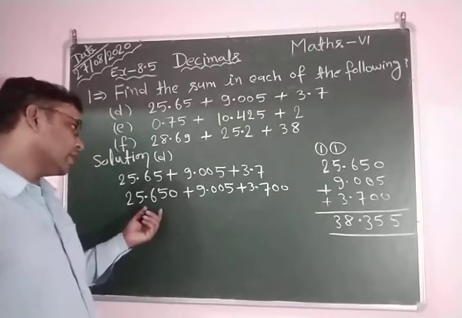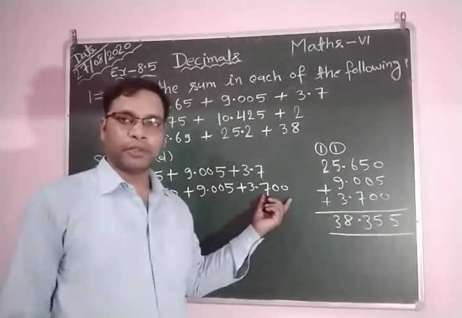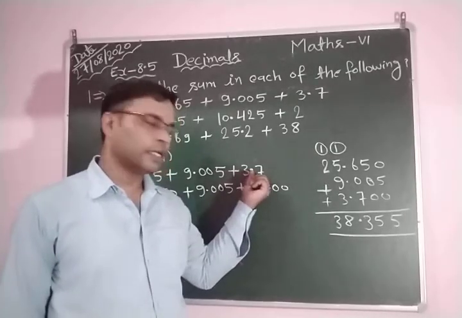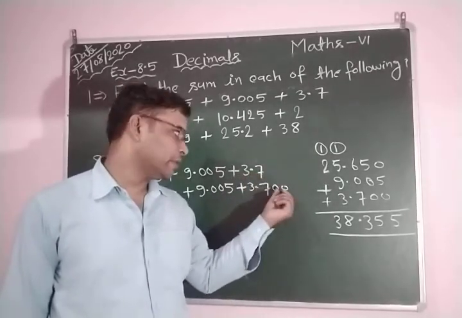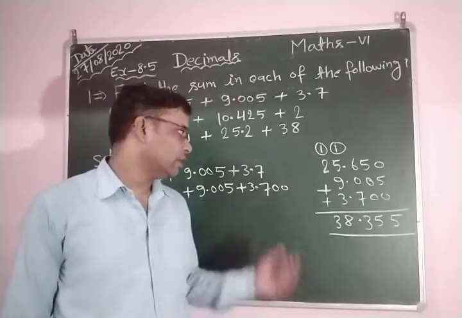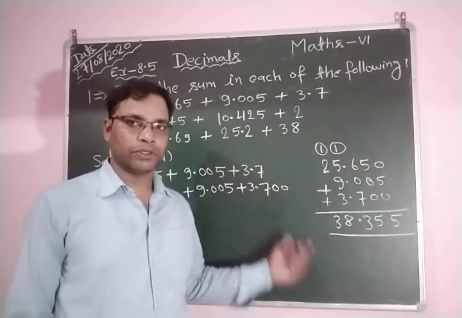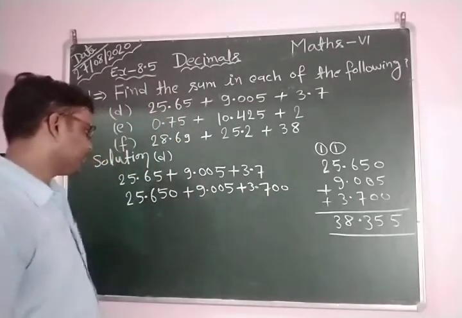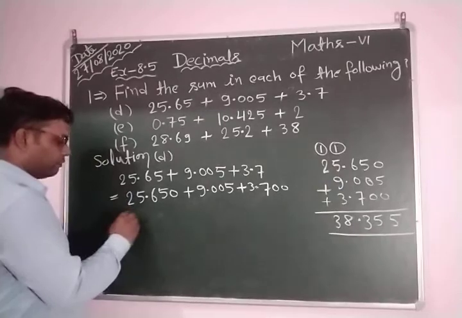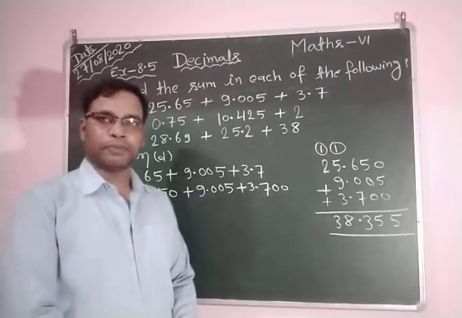So we make 3 digits after the decimal point here also, but this was given with 1 digit after the decimal point. We write 7 and two zeros, then the value of 3.7 is the same as 3.700. Okay, so now we are going to add the thousandths place digits.